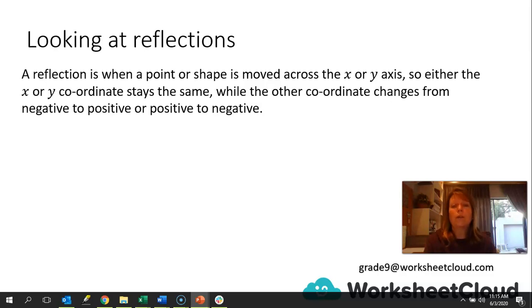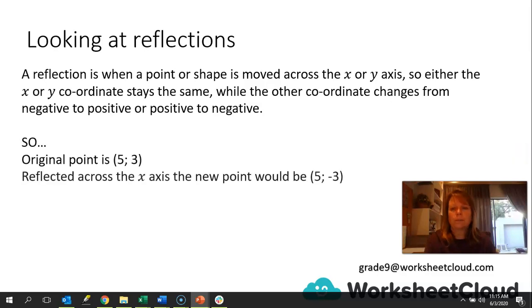If you are reflecting across the x-axis, your x coordinate will stay the same, but the y coordinate will change to a negative or positive. Let's have a look. If you've got an original point of (5, 3), those are your coordinates, reflected across the x-axis, the new point will be (5, -3).